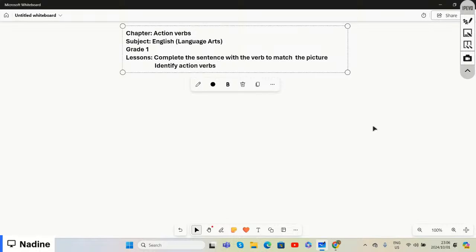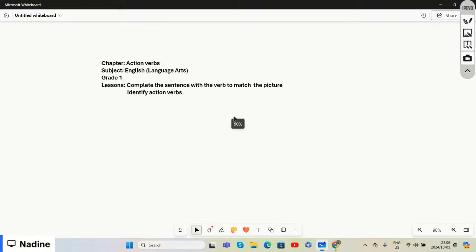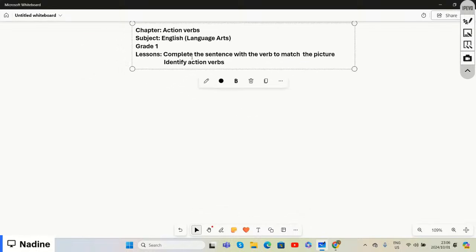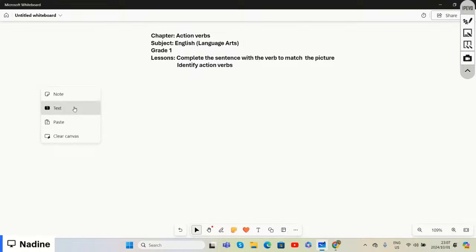All right. So when it comes to action verbs, let's say action verbs, not an action verbs. Action verbs describe an action that takes place.